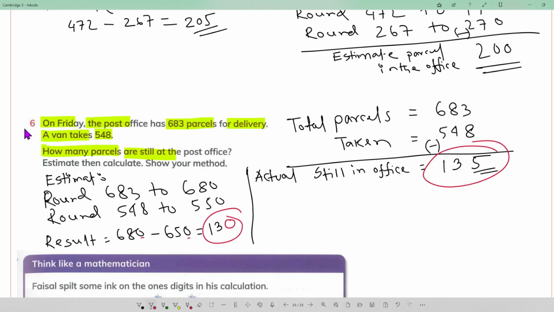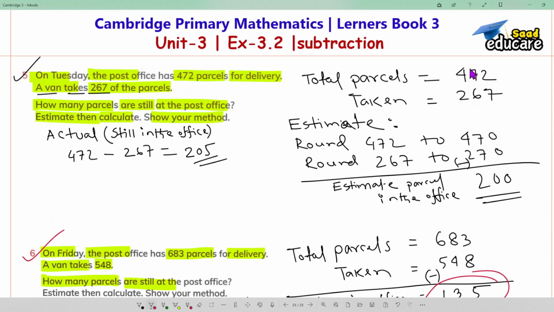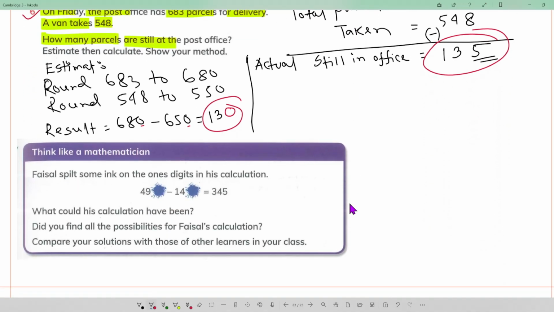Okay, so very simple. So ultimately we have completed today's topic, which is subtraction exercise 3.2, unit 3. But we have something like Faisal split some ink on the ones digit in his calculation.